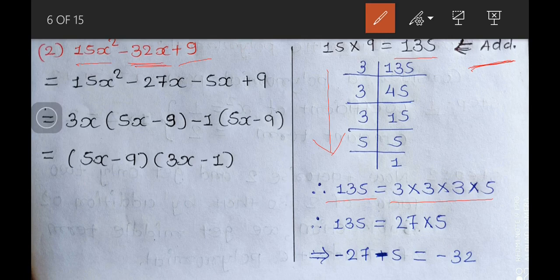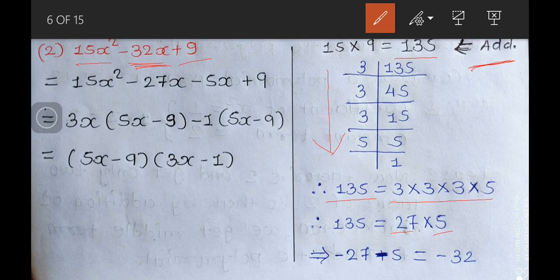So here 3 into 3 3s are 9 and 9 3s are 27 and the remaining 5. Here we reduce the factors of 135 as 27 and 5. If we add both values, then we can find the middle term of the polynomial. Then 27 plus 5 is equal to 32.